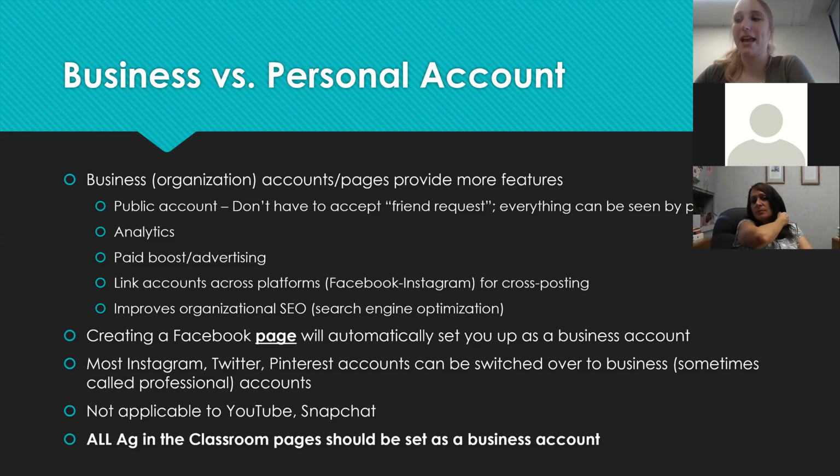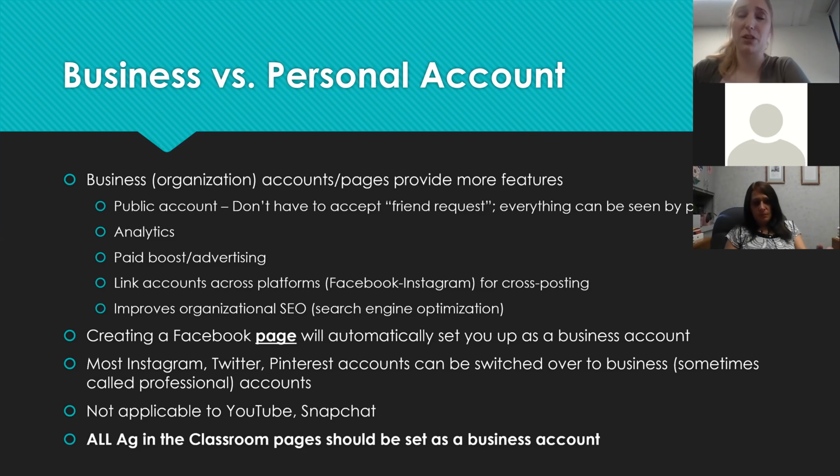So the difference between a page and your personal account is a closed network. You have to accept your own followers. You have to accept friend requests, versus a business page is public. A Facebook page is public. People like or follow you. You do not have to control who is able to like or follow you.